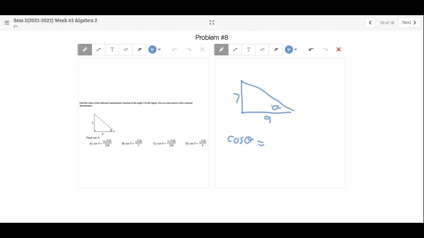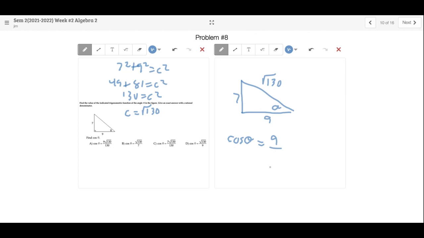Cosine of theta is adjacent over hypotenuse, so it's 9 over whatever the hypotenuse is. Obviously, it's the square root of 130. If I had to find it, I would do 7 squared plus 9 squared is equal to c squared. 7 squared is 49 plus 81 is equal to c squared. So 130 is equal to c squared, and c is equal to the square root of 130.